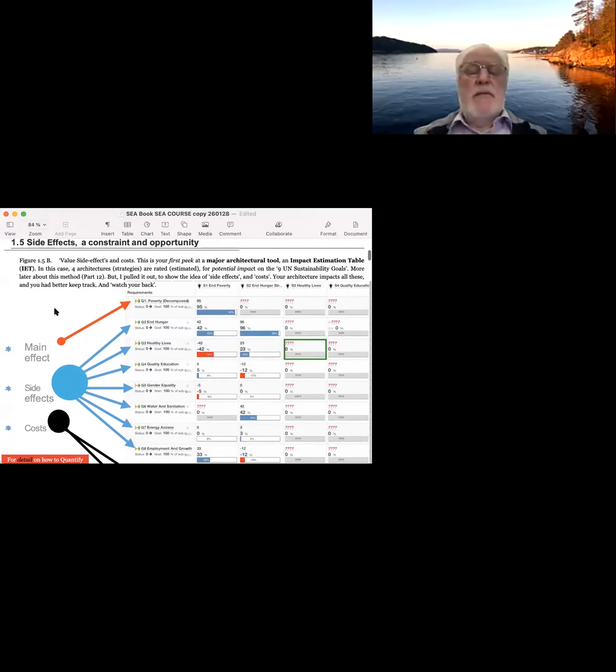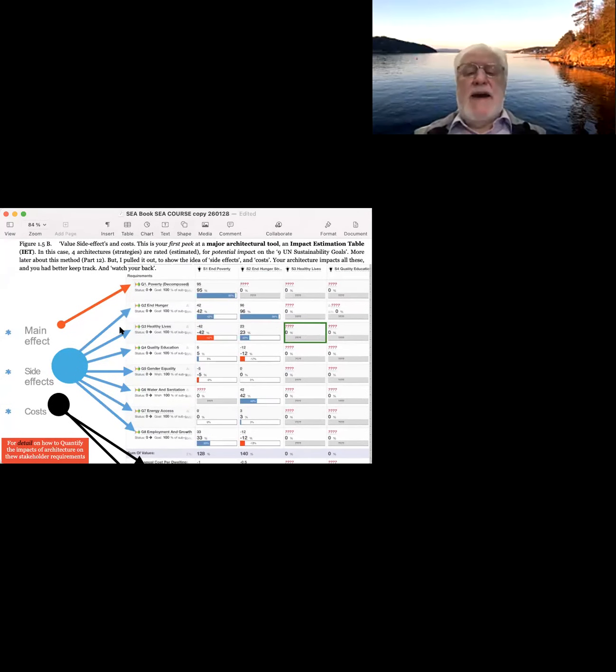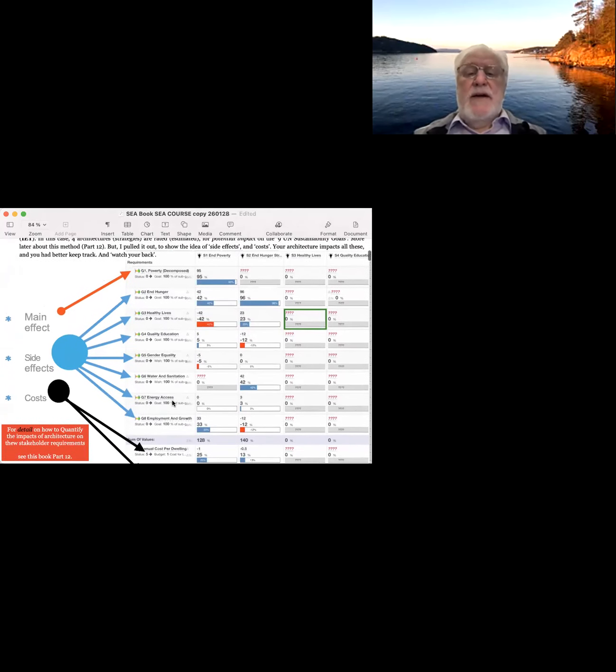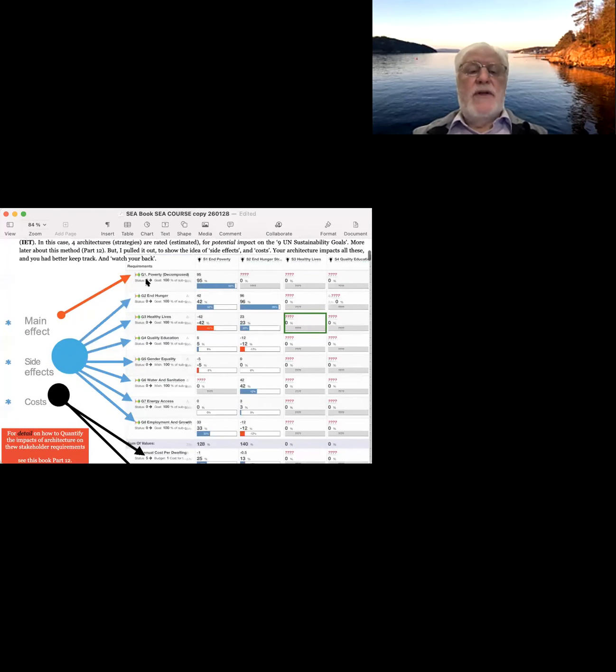But now I'm going to take a look at the top half of that impact estimation table. And in the top half, we have a set of value requirements, okay? And these examples here are actually taken from an analysis of the United Nations sustainability goals, the one where all the Norwegian ministers have a little badge on them saying we in Norway subscribe to the sustainability goals.